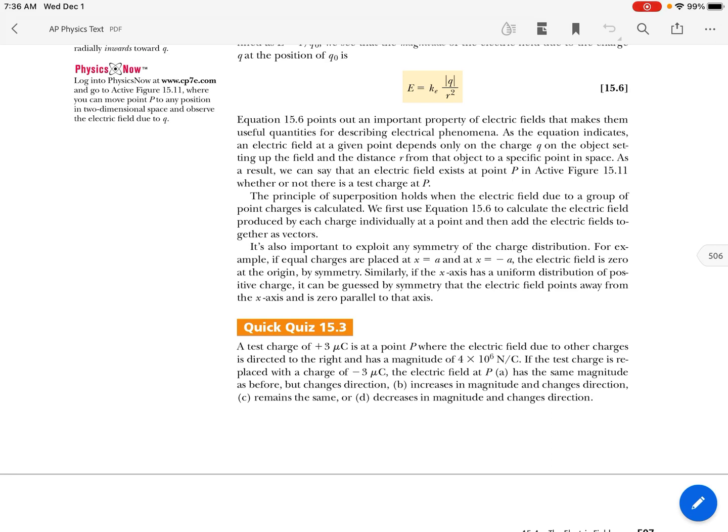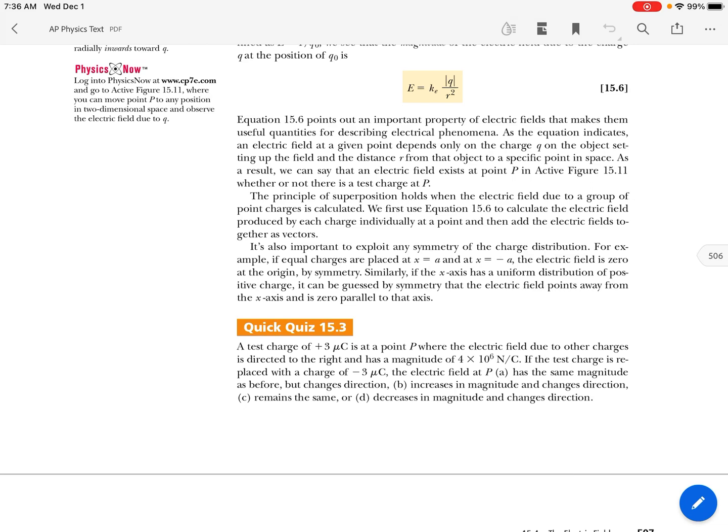So a test charge of 3 times 10 to the -6 coulombs is at a point P where the electric field, due to other charges, is directed to the right and has a magnitude of 4 million newtons per coulomb. If the test charge is replaced with a charge of -3 microcoulombs, what happens to the electric field? A, the electric field has the same magnitude as before but changes direction. B, it increases in magnitude and changes direction. C, remains the same. Or D, decreases in magnitude and changes direction.